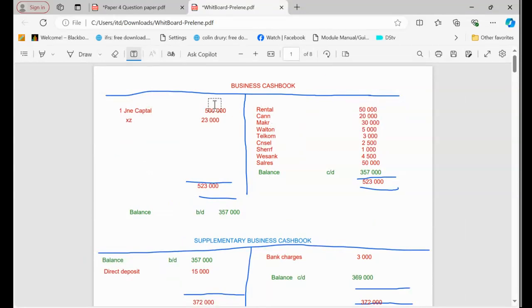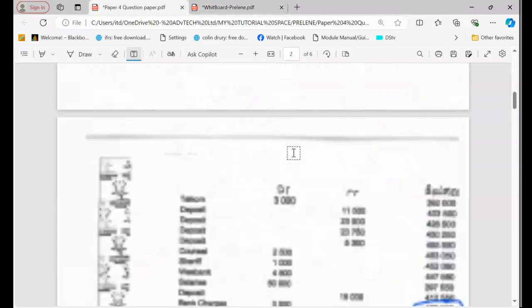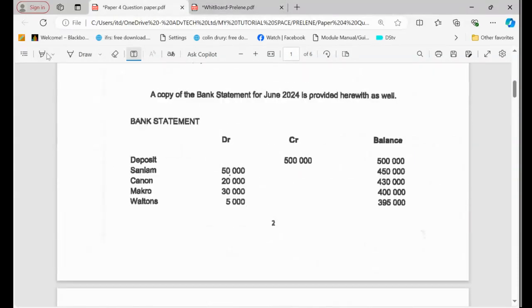These are the deposits, and we compare them with the bank statement. Look at your bank statement. Do you see the 500,000 deposit there? Yes, we do have it. You can tick it. It means there's nothing wrong with it.